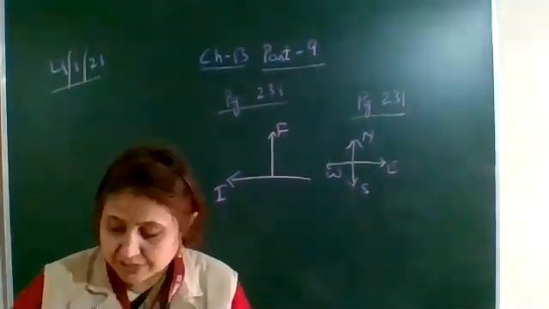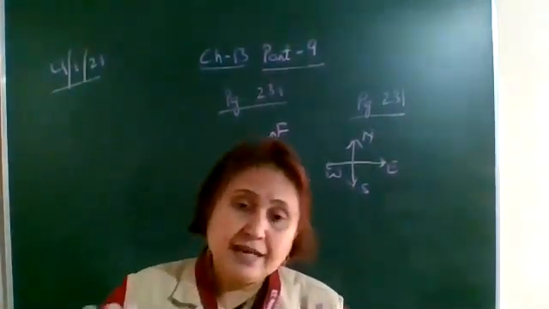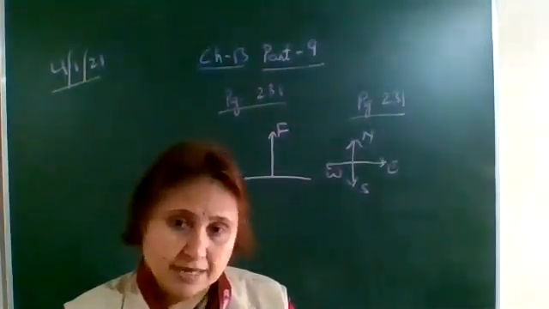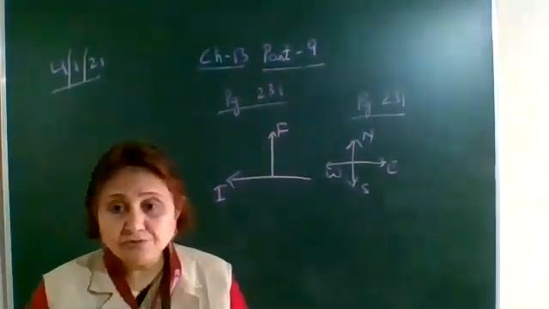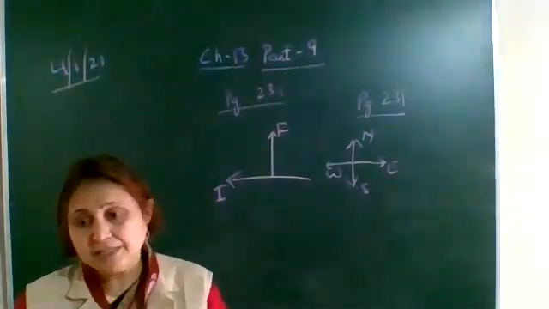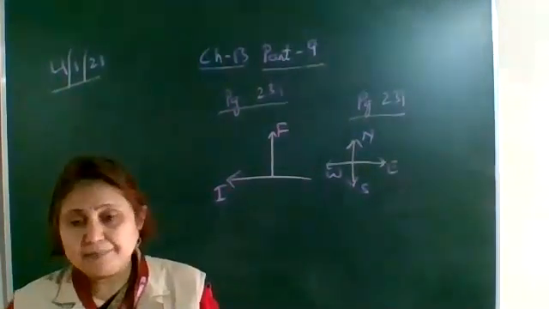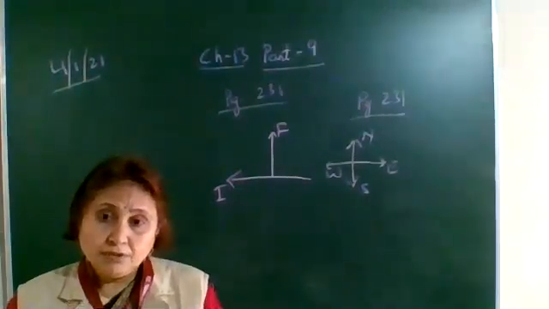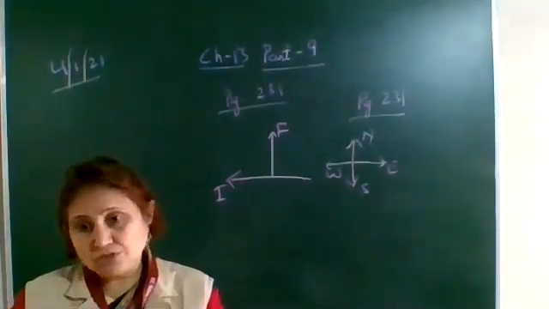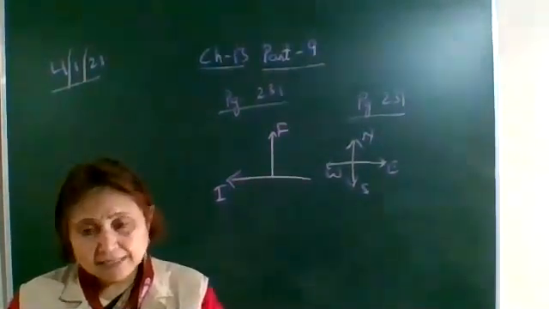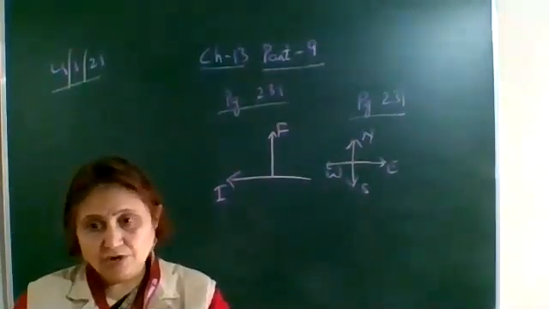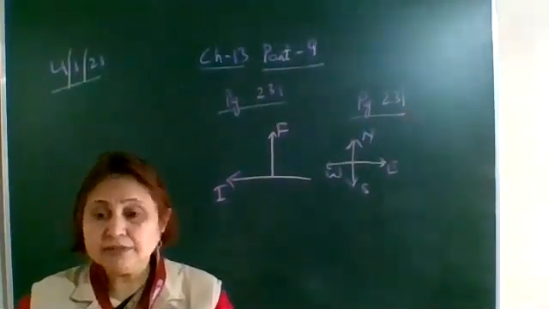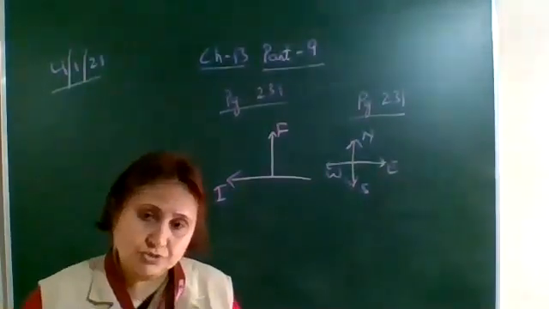Till now we have studied that any current carrying conductor, when it is placed in a magnetic field, experiences a force. Any current carrying wire, when it is placed in a perpendicular magnetic field, experiences a force. Now the reverse is also true. That is, if there is a motion of a magnet in a coil, then current can also be produced.